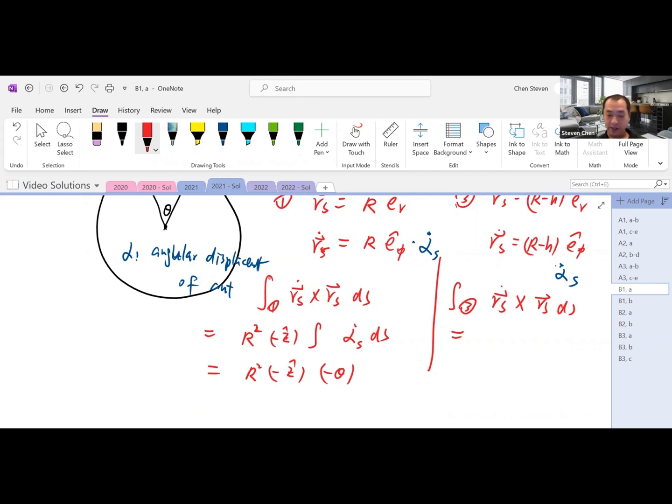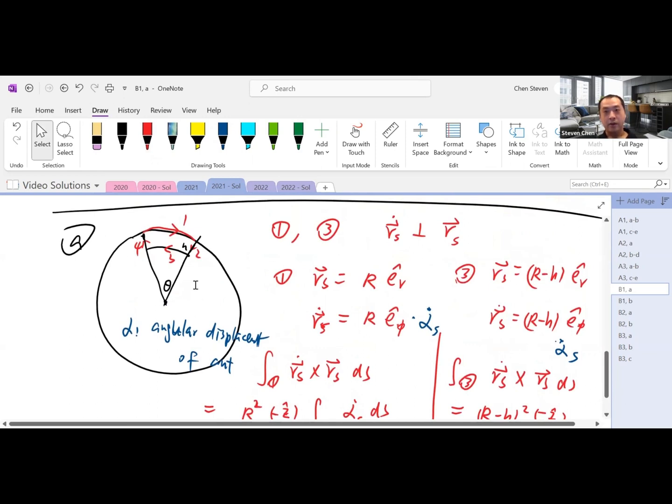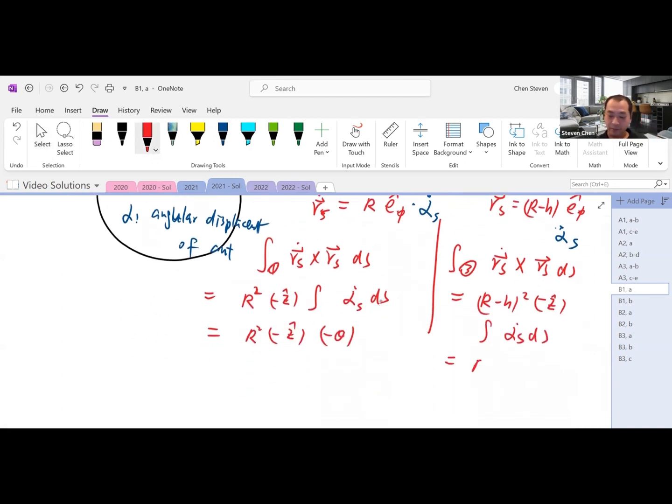So pretty much the same thing. So we replace r with r minus h. The integral of alpha dot ds. And for path 3, our angular displacement is in a counterclockwise direction, so it's positive theta. Okay.